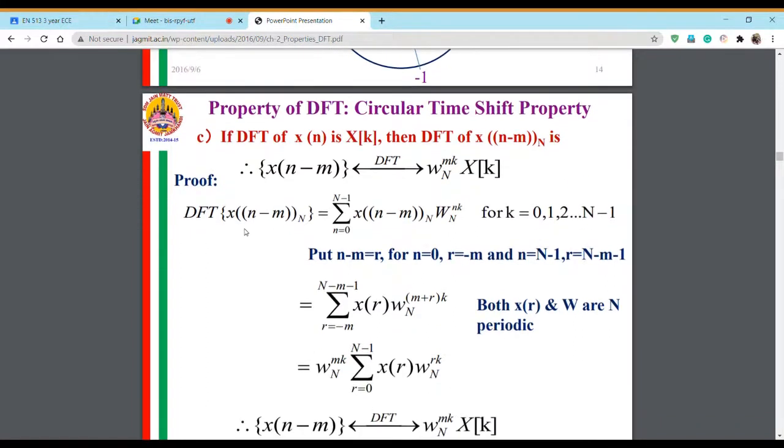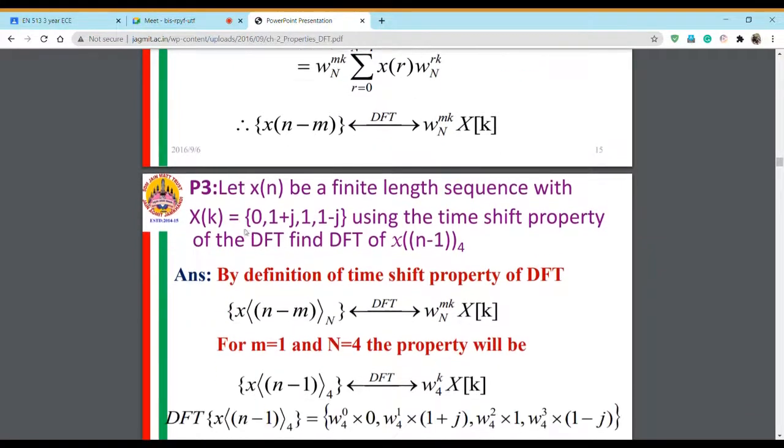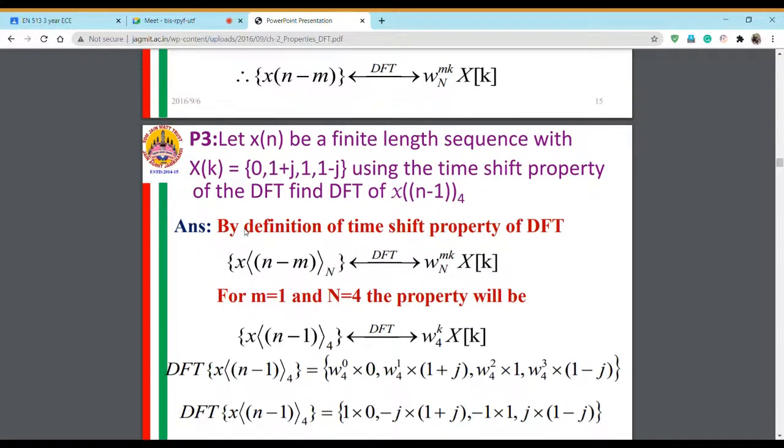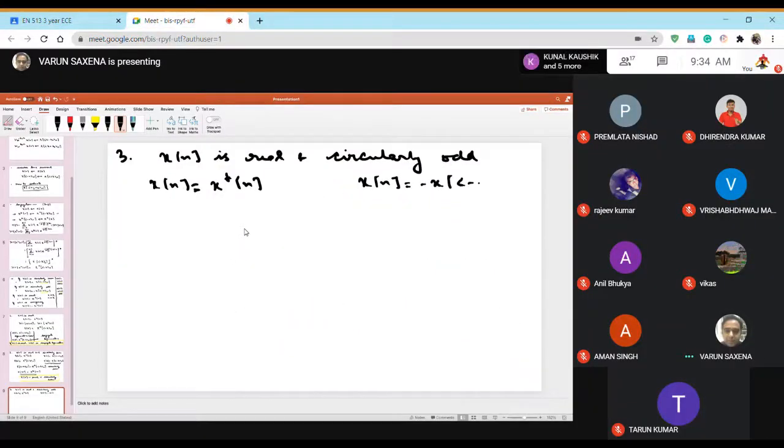If xn is real, then that means that xn is same as x conjugation n. And if xn is circularly odd, it means that xn is same as x of minus n modulo N. So if you take a DFT here, capital XK becomes capital X conjugation of minus K modulo N. This is what it becomes.